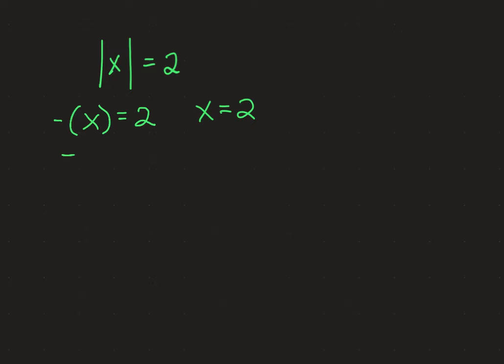And then to solve the one on the left here, we would have to go through the method of solution. So x equals negative 2, or we have x equals 2. So both of those values, negative 2 and 2, have an absolute value of 2.